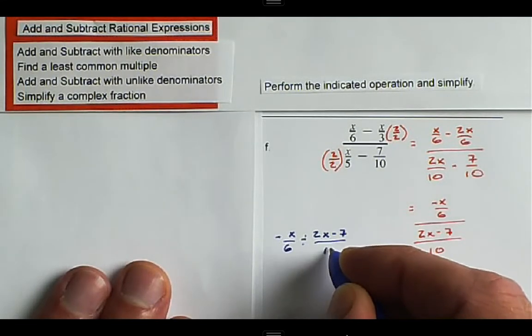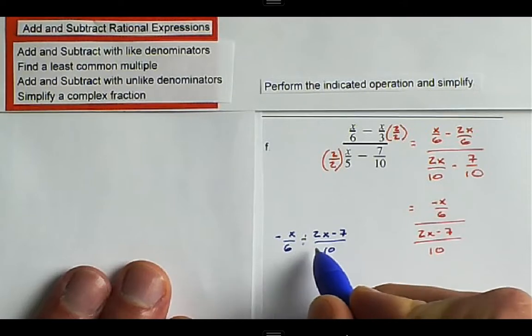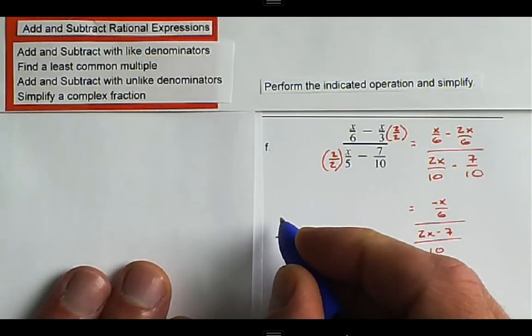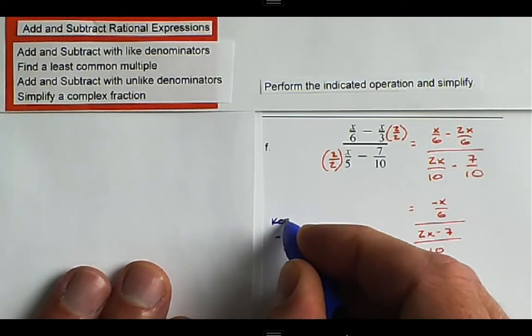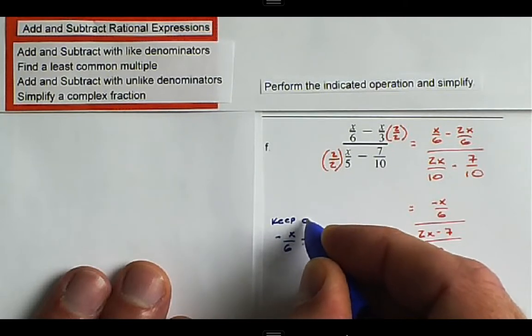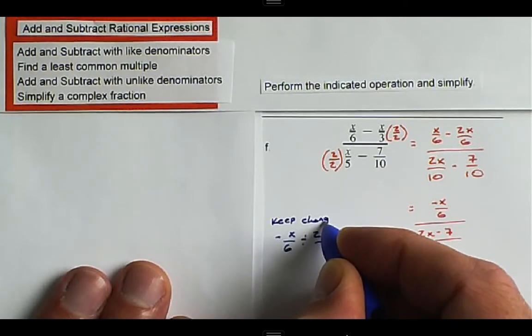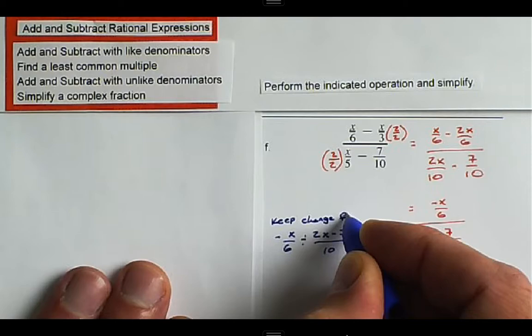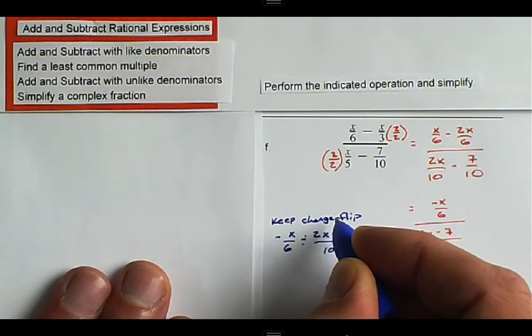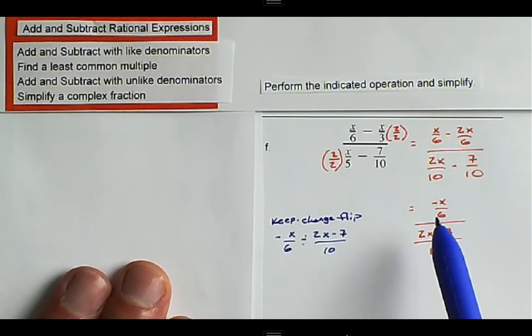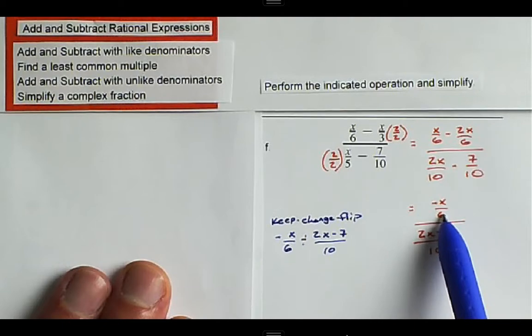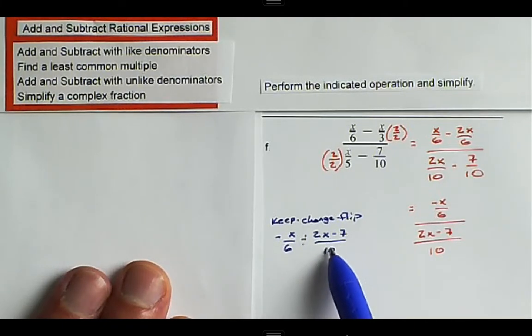So when we have a fraction divided by a fraction, remember, we're going to do keep, change, flip. We're going to keep the first fraction, change the sign, and flip our dividing fraction.